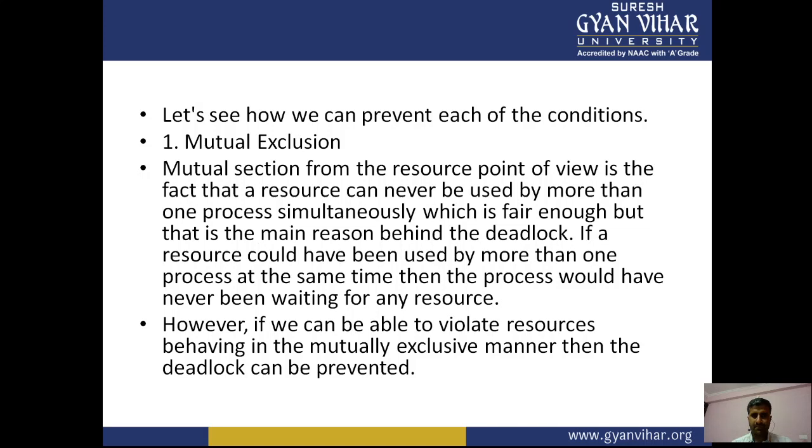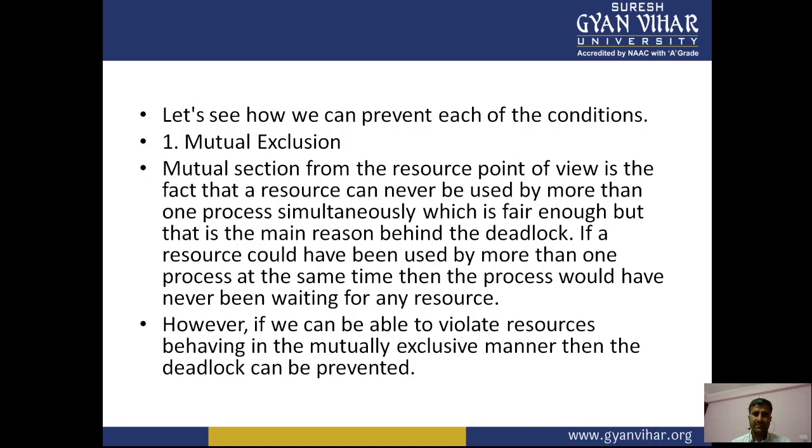In mutual exclusion, we discuss the resource point of view. It is a fact that a resource can never be used by more than one process simultaneously, which is fair enough, right?